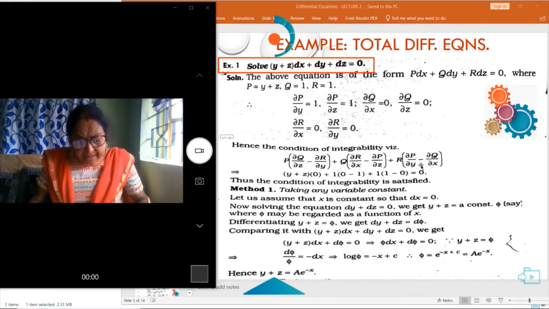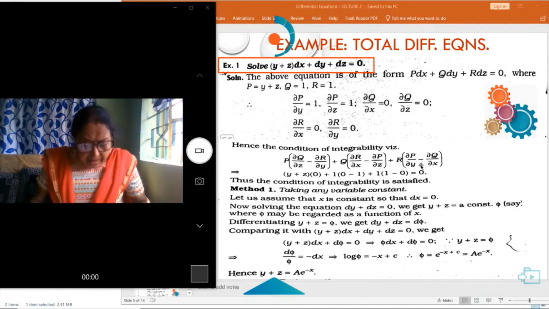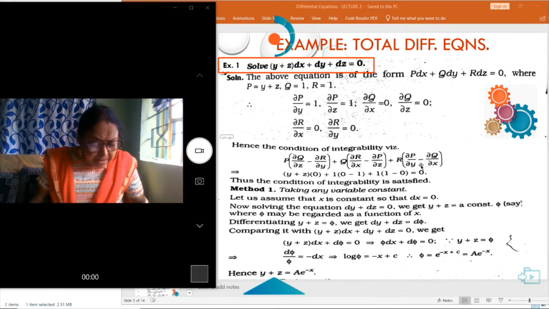So we here take dx is equal to 0. Now, taking dx equal to 0, we get dy plus dz equal to 0. So after integration, we get y plus z is equal to a constant.